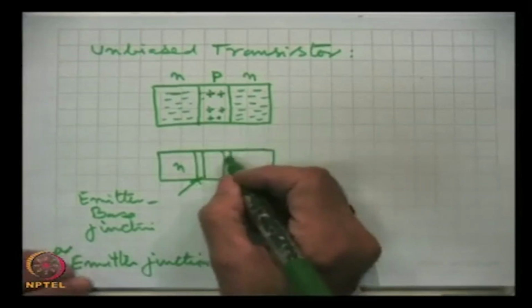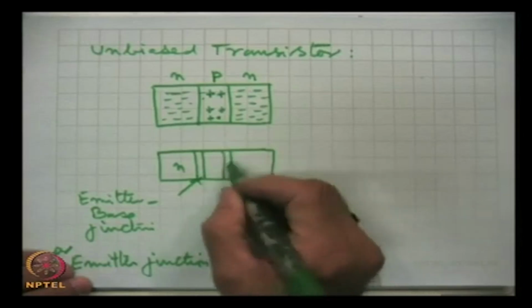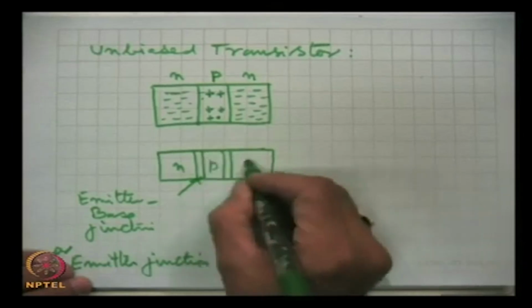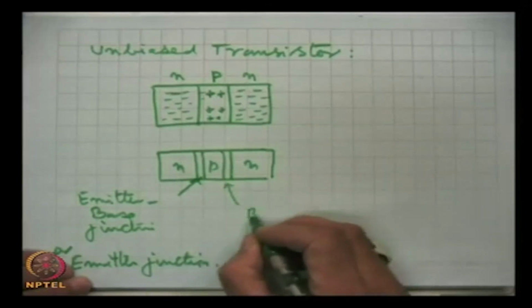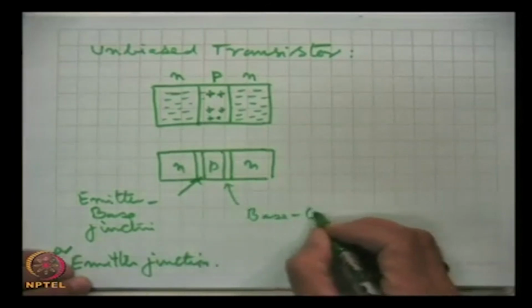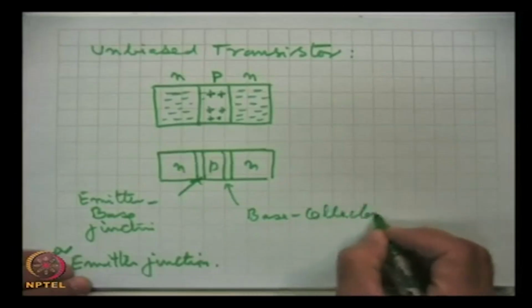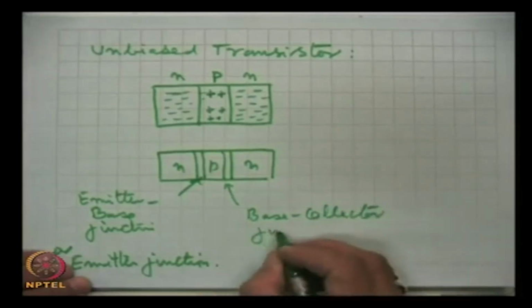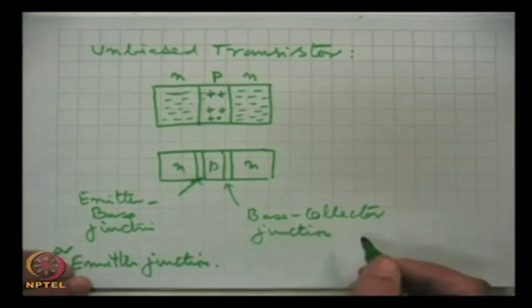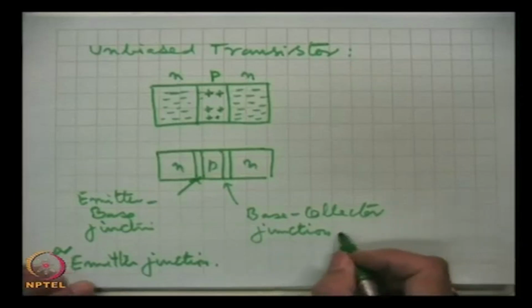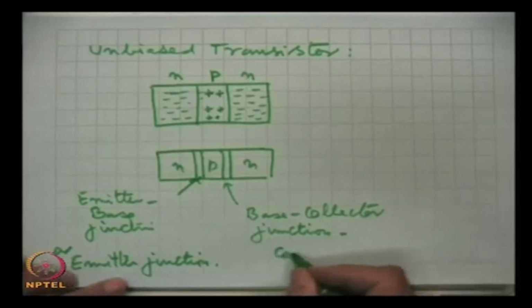This is what we call the base collector junction, or simply we may call it the collector junction.